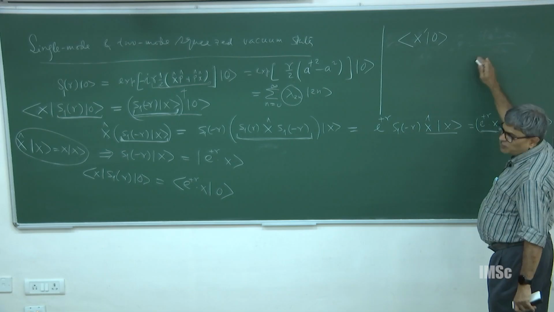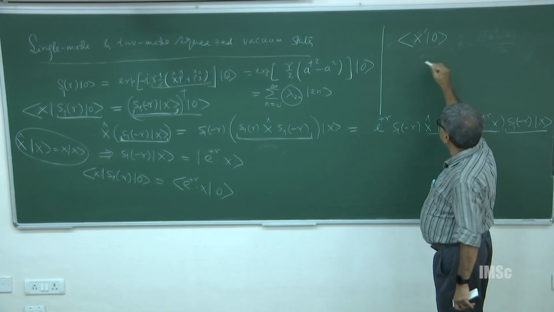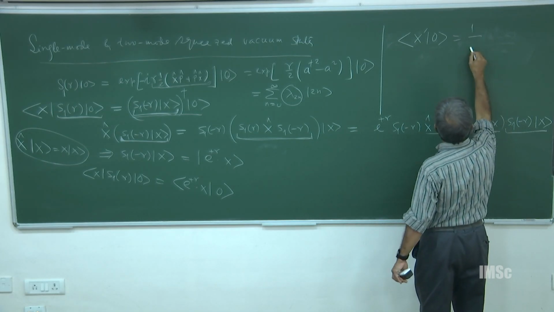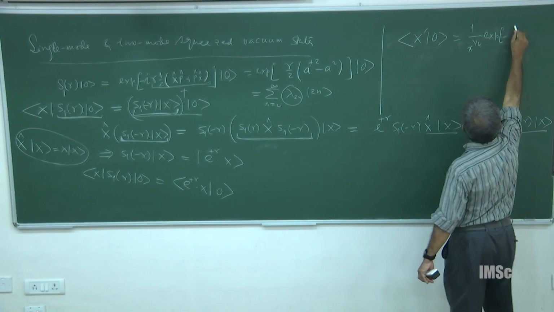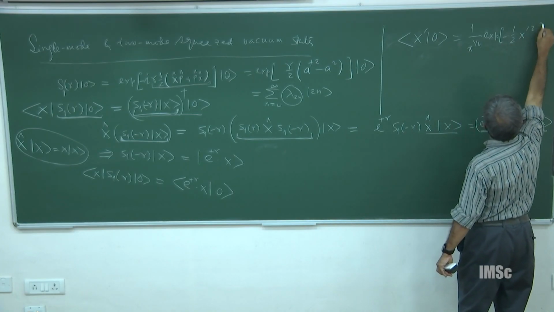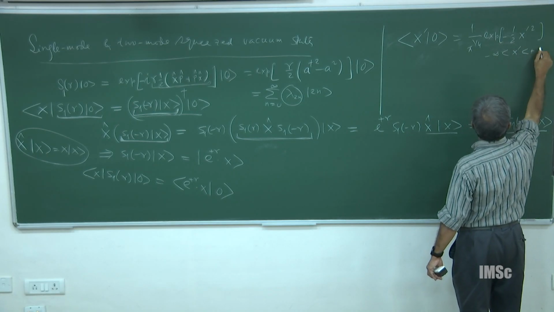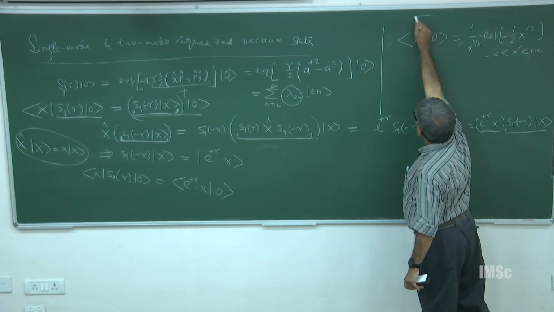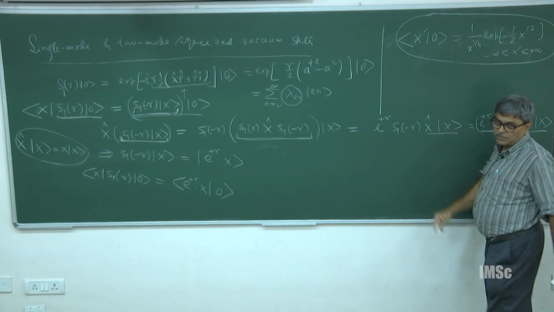So I am not going to do that. You can verify. This is again a dimensionless operator's position. So this will be 1 by pi to the power 1/4 exponential of minus half x prime square, where minus infinity < x prime < plus infinity. Okay. So this is the position wave function of the vacuum state.